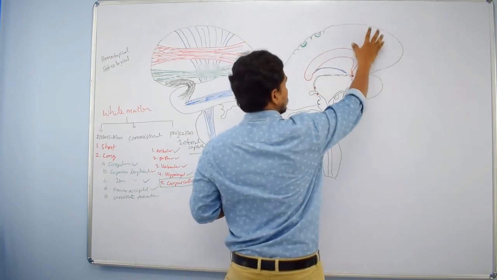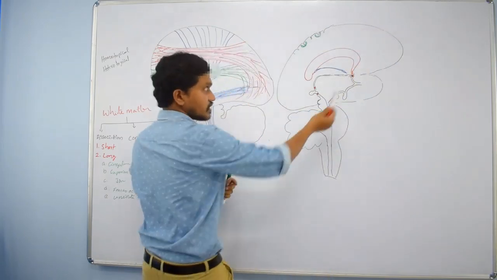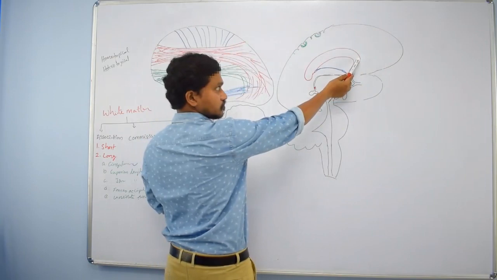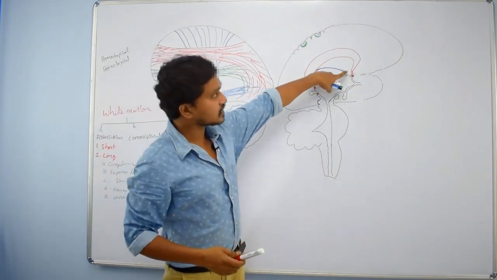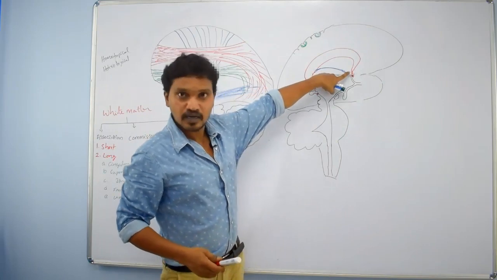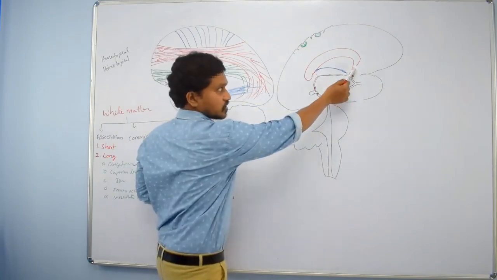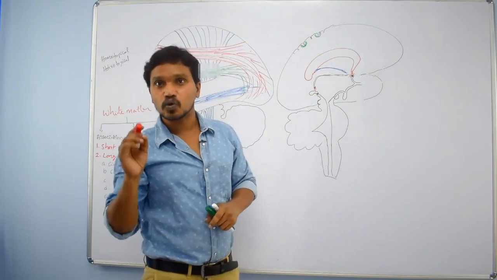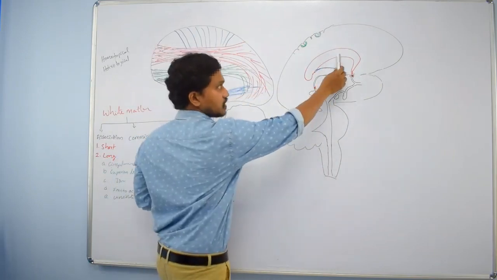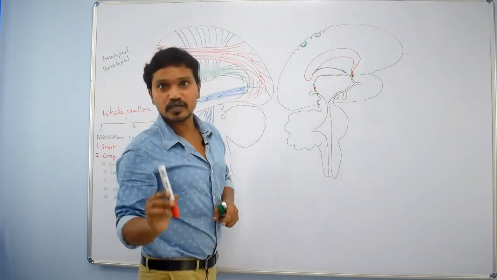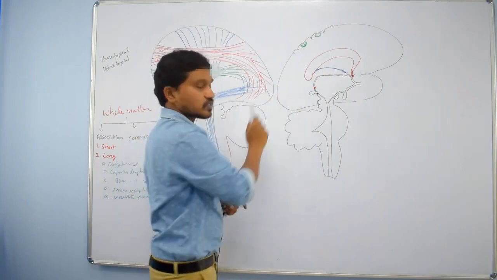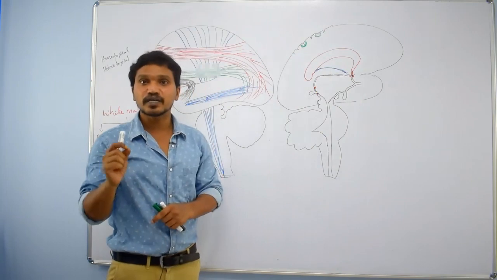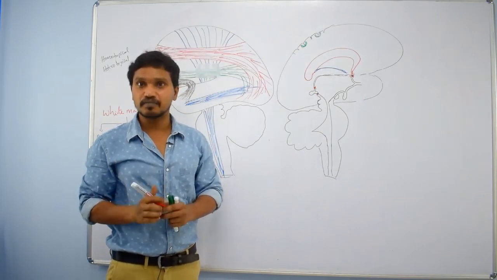What are the parts of it? This bend is the genu, and this lower narrowest part, which is connecting with the lamina terminalis, this narrow part we are calling the rostrum. This middle part we are calling the body or trunk, and the posterior part we are calling the splenium.